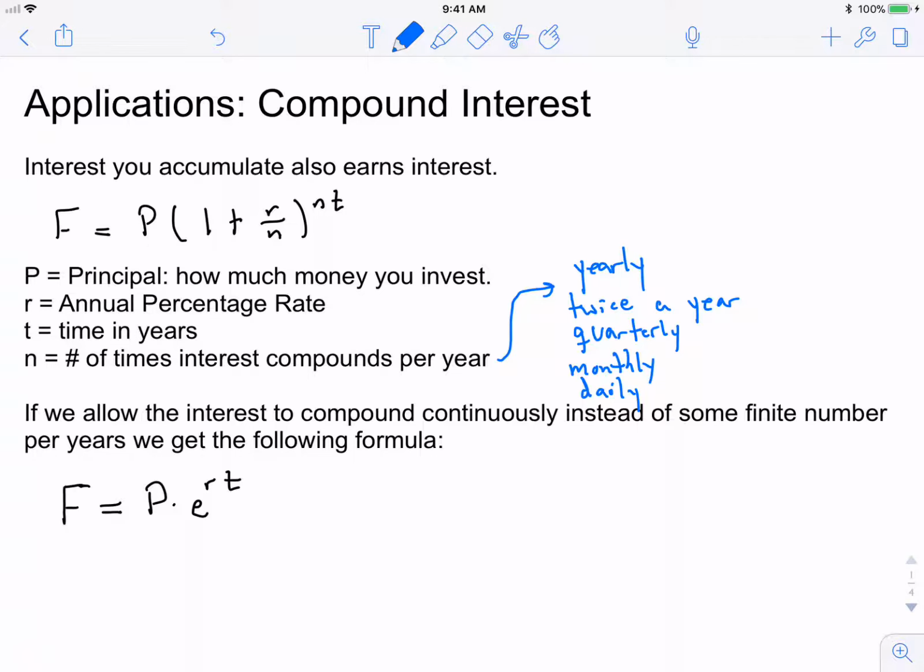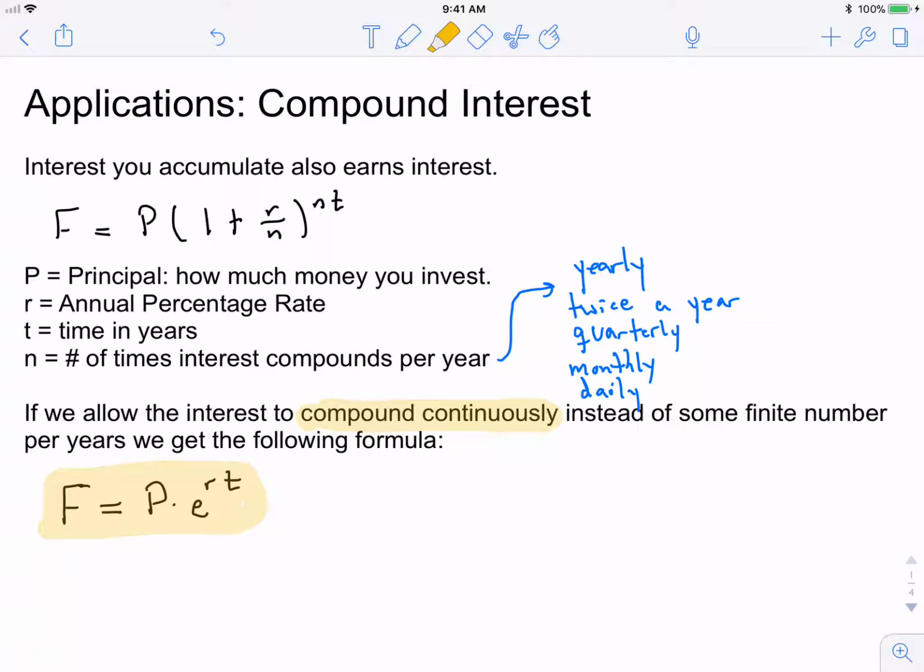Actually, as we allow compound interest to compound continuously, instead of some finite number per year, for example, instead of monthly, this formula converges very nicely to what we call the PERT formula, as you might guess.